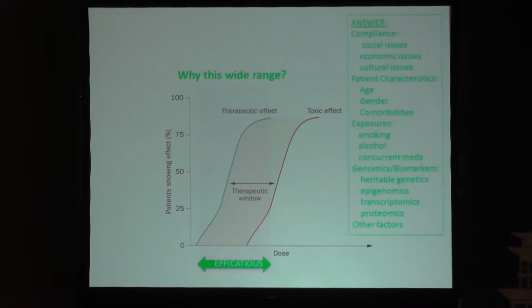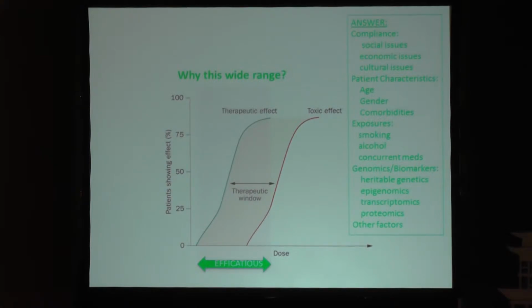That has to do with the fact that we all have a variety of variables that affect how drugs affect us, how we metabolize the drugs, and how the drugs end up working on our targeted receptors, for instance. So this is all the factors that would affect pharmacokinetics and pharmacodynamics.